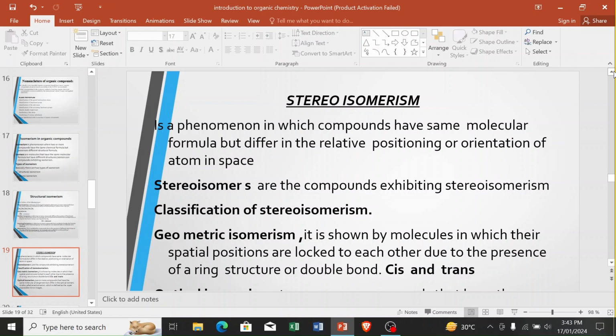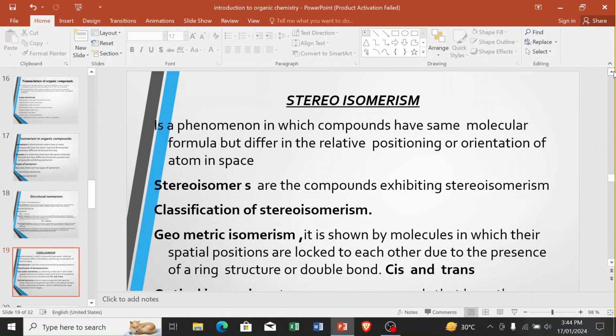Stereoisomerism is a phenomenon in which compounds have the same molecular formula but differ in the relative positioning or orientation of atoms in space. Stereoisomerism is classified into two. We have geometric isomerism, which is shown by molecules in which the spatial positions are locked due to the presence of a ring structure or a double bond.